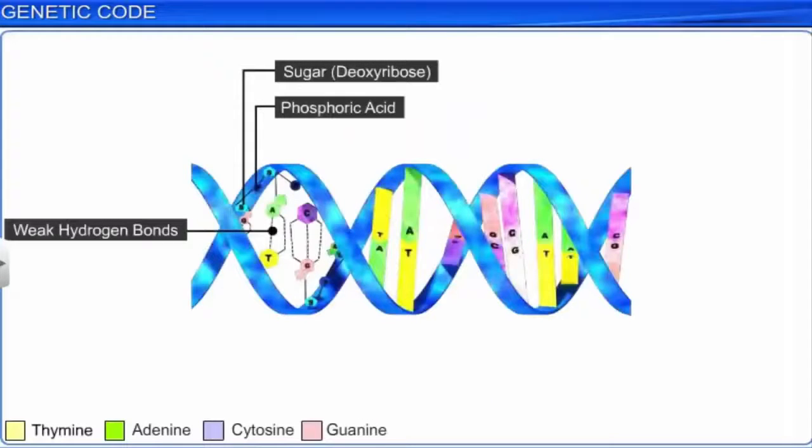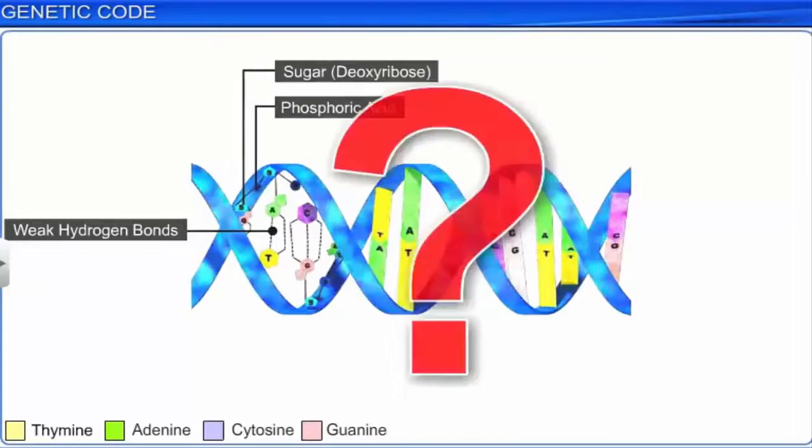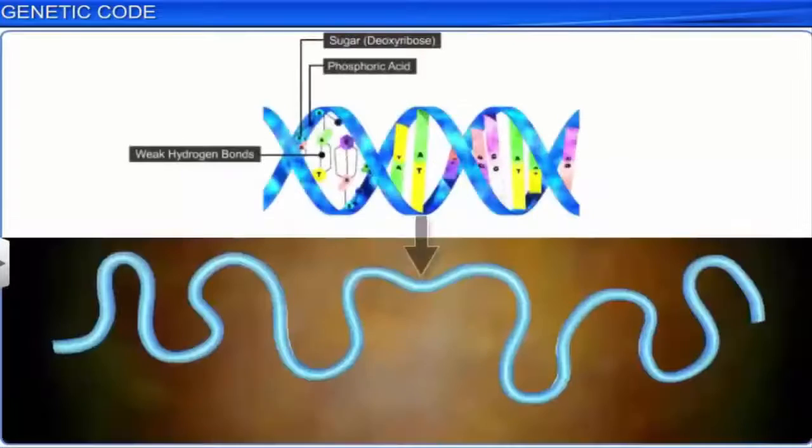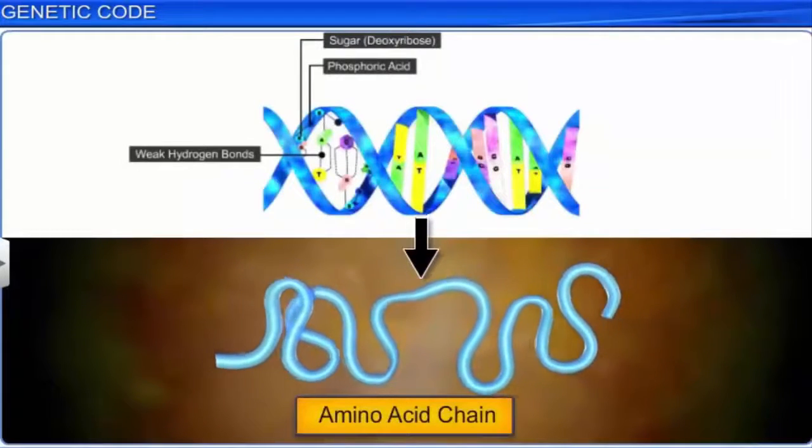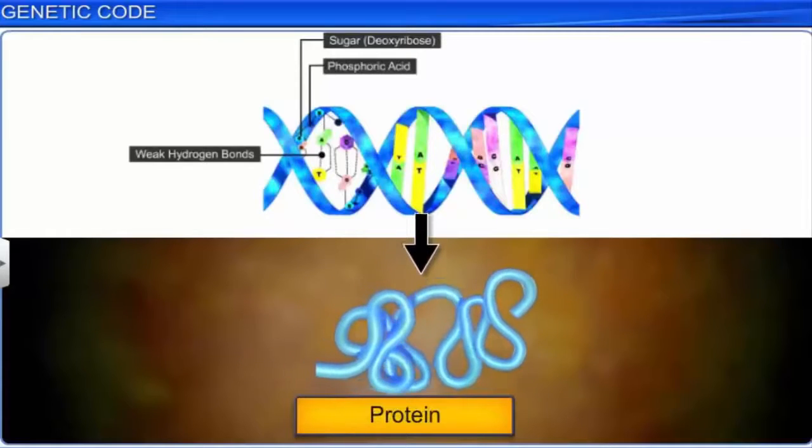After the DNA structure was revealed, these scientists got busy finding an answer to the next question: how the nucleotides get converted into amino acids that synthesized proteins, the building blocks of life.